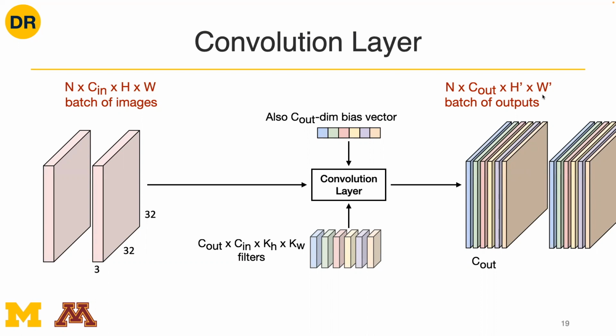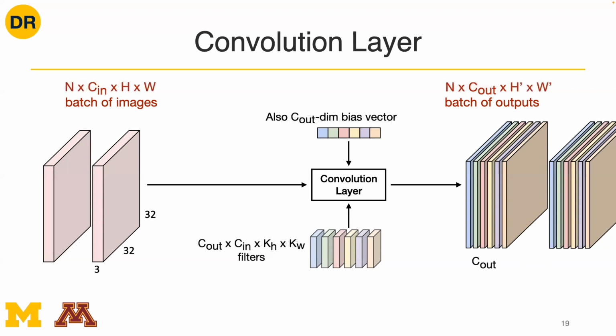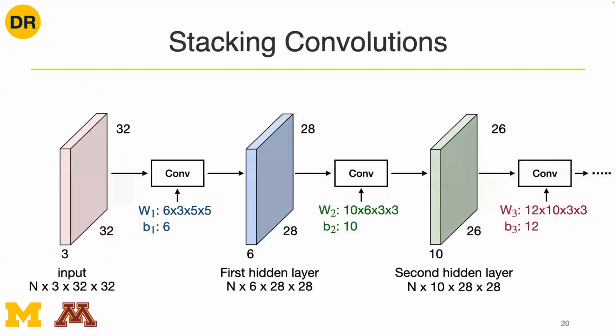In the last case, for example, the original input was 32 by 32, but because our filter size is 5 by 5 in its spatial dimension, we're going to correspondingly lose essentially 4 pixels in the height and the width in the output just based on how we're defining the sliding window. And so we get a smaller output than what our input was in the spatial dimensions. And we'll talk more about the math of how to calculate those changed spatial dimensions coming up.